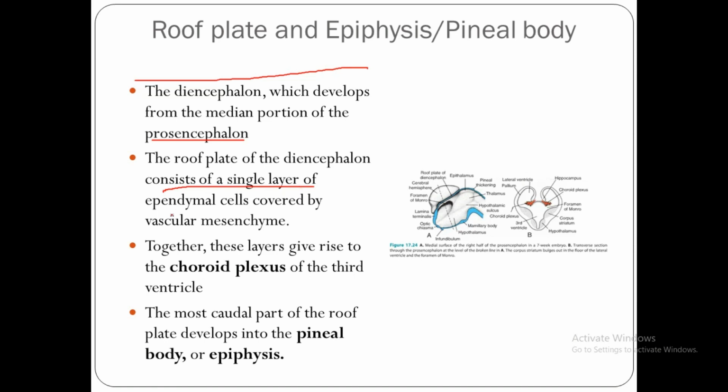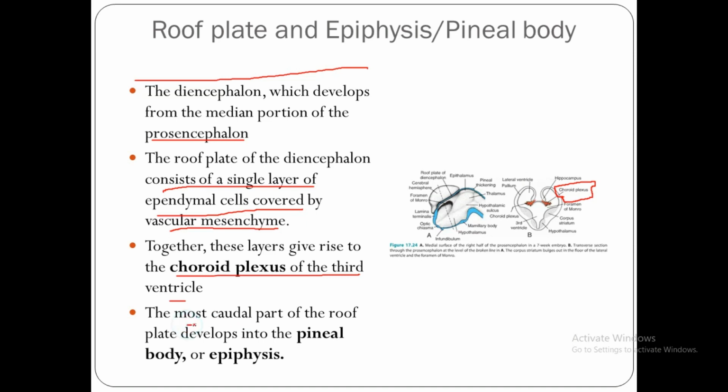It consists of a single layer of ependymal cells, and it is covered by a vesicular mesenchyme. What will happen later on, when the complete development has taken place, is that this roof plate will be converted into this structure. What is written here? It's a choroid plexus. And what will be formed by this choroid plexus? It will become the secretory and absorptive structure for the third ventricle.